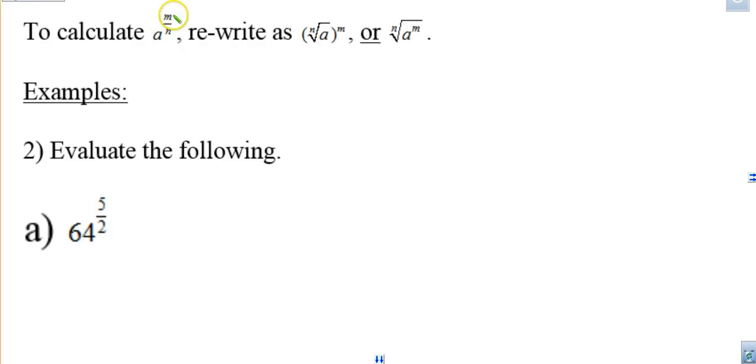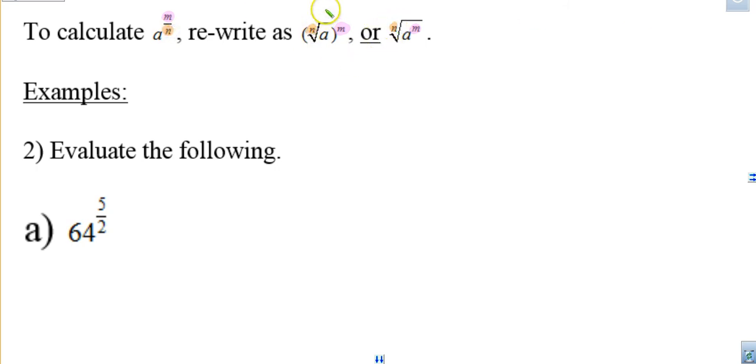So if you have any exponent m over n, we can rewrite that as the nth root of a, the base, with the exponent of m on the outside, or you can write it as the nth root of a to the power of m. So the numerator is the exponent. That exponent can go on the outside of the root or on the inside of the root. It doesn't matter. And just like before, the denominator will be your root.